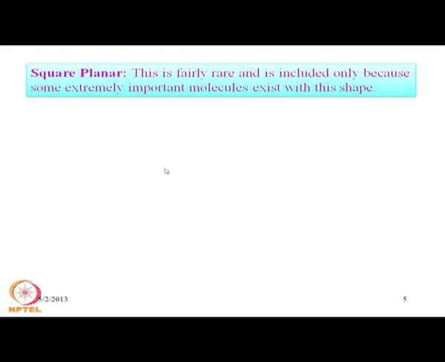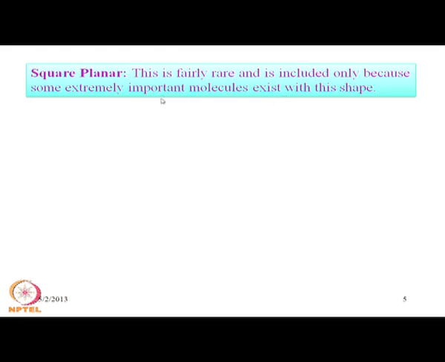Compared to this, another geometry in the coordination number 4 is the square planar one, and this square planar geometry is also fairly rare and is included only because some extremely important molecules exist with this shape.